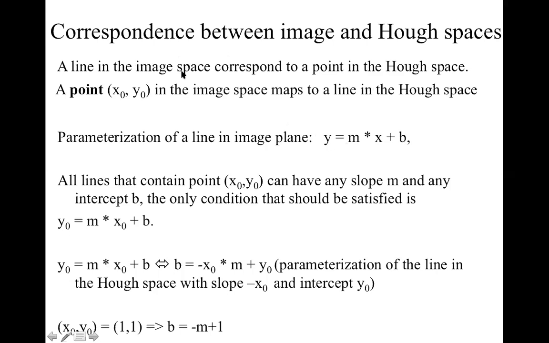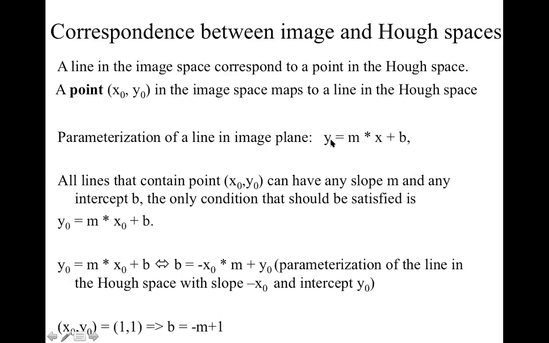So a line in the image will correspond to a point in the Hough space, and also a point x0, y0 in the image will map to a line in the Hough space. Here, if you consider x0, y0 equals 1, 1, then all the lines that follow this parameterization, y equals mx plus b, that go through the point 1, 1, should fulfill the relation 1 equals m times 1 plus b.